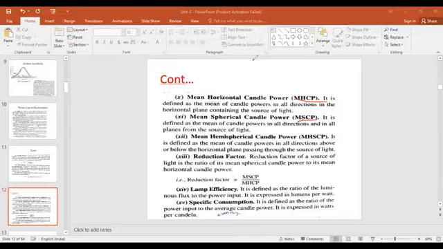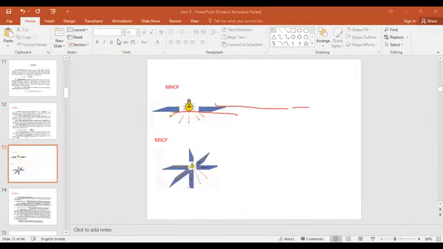First of all, we see what the mean horizontal candle power is. It is defined as the mean of candle power in all directions in the horizontal plane containing the source of light. This is the light which emits the energy, but what we consider is the mean of candle power.